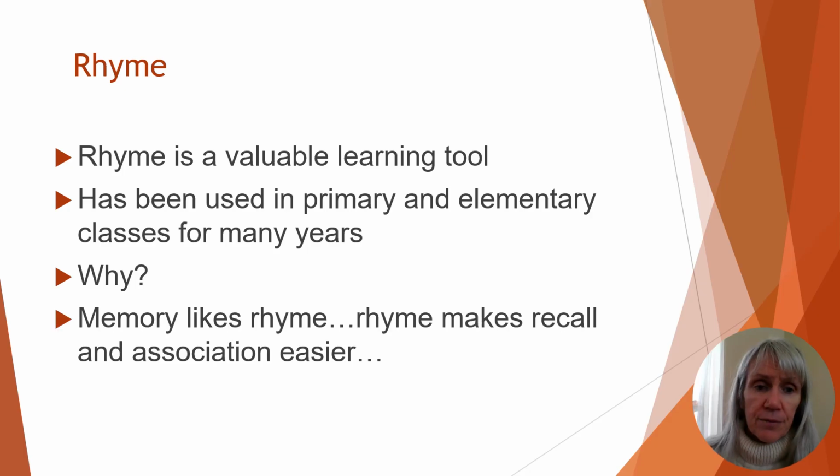Why is it so helpful? Memory likes rhyme. Rhyme makes recall and association easier. So rhyme, then, is a valuable tool that we are going to use even as adult learners to help us learn a second language, especially the second language of English, which really uses a lot of rhyme.